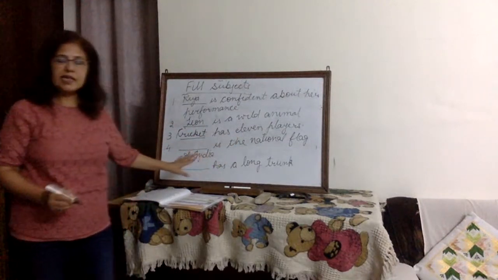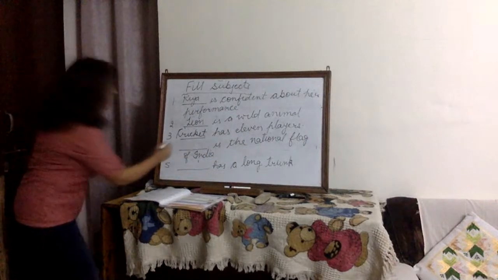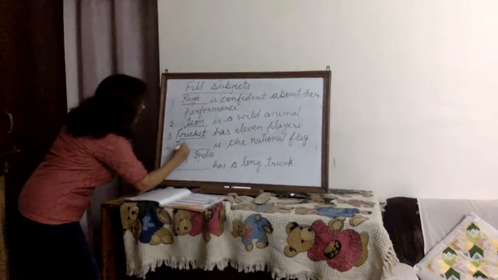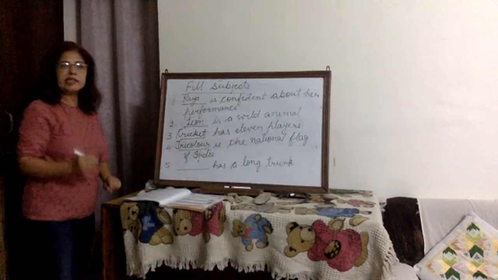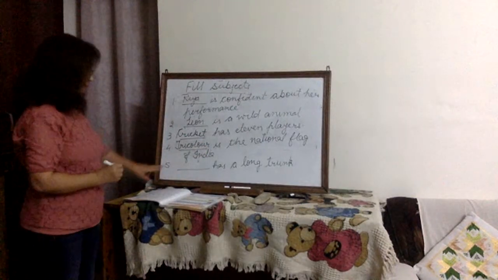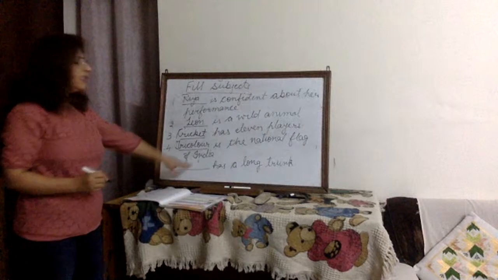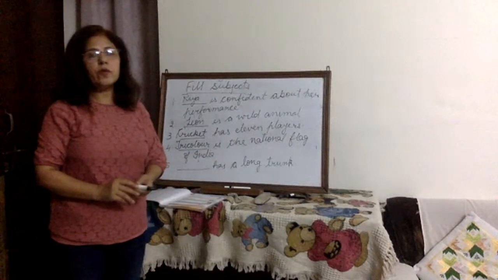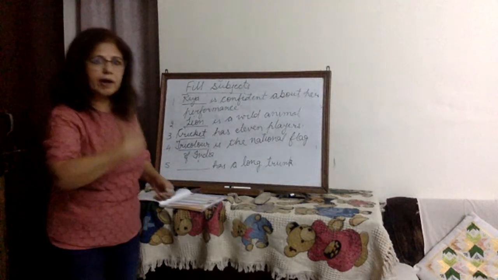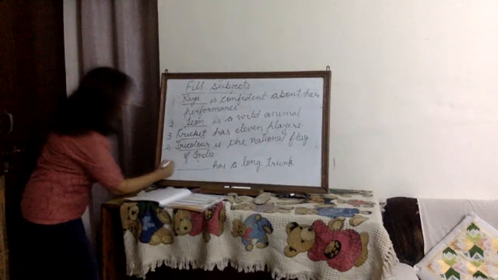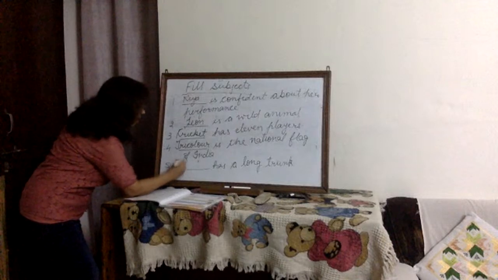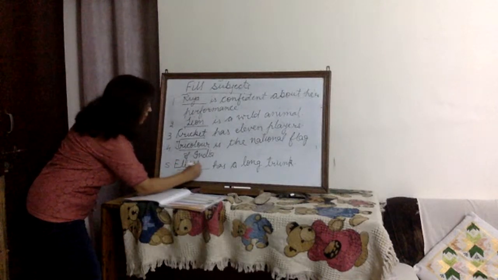So what is the national flag of India? Tricolor is the national flag of India. Last example, dash has a long trunk. Now what do you mean by trunk? Who has got a long trunk? Elephant. So elephant has a long trunk.